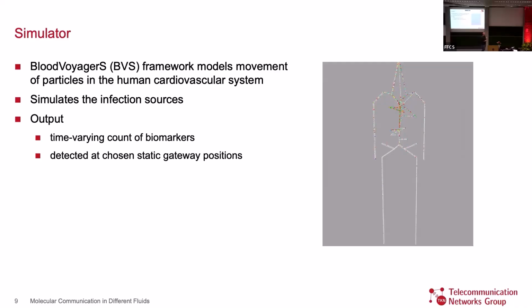And this tool allows you to rather accurately model flow in the cardiovascular system, and you can even visualize that, like you see here. So you see certain biomarkers being generated at certain places of your body, let's say at a place where the tumor is located, and then we can see concentrations in the different parts of the body.